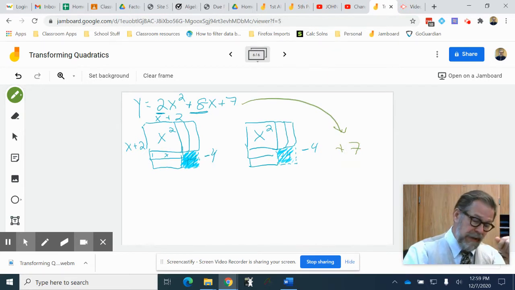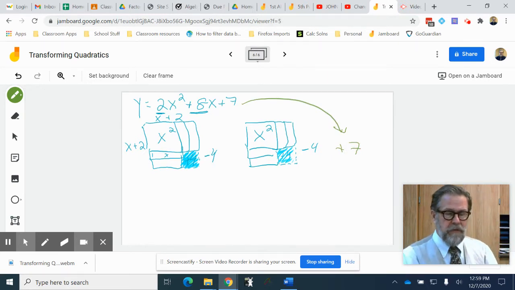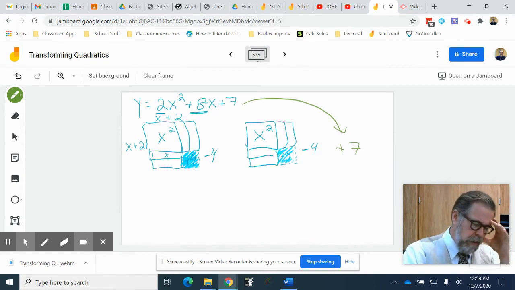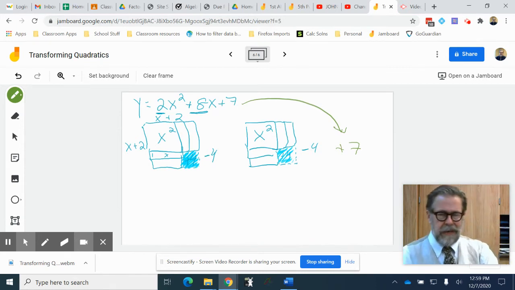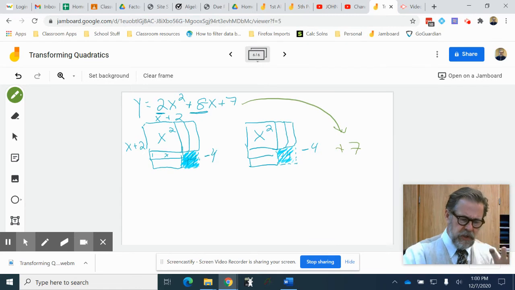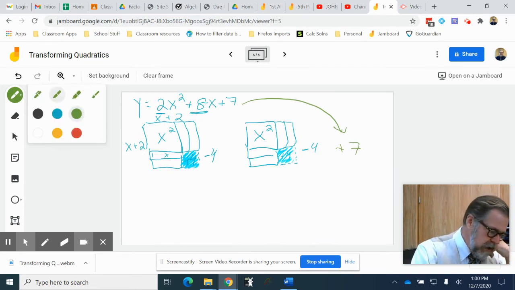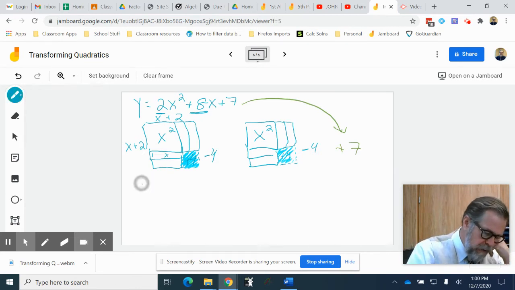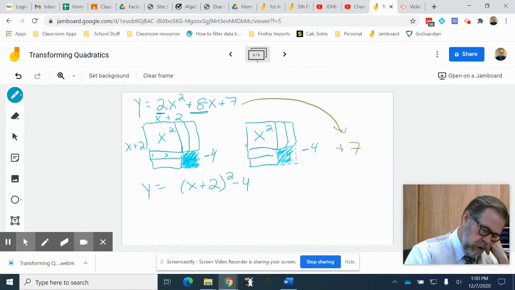There are other strategies where you use the 7 to try to fill in. You recognize that, well, I could have put 4 of those here and 3 of those there. And then I find it a whole lot easier to just ignore the 7 until the end. So what have I got? I've got y equals, well, this is (x plus 2) squared minus 4. And over here, I've got another (x plus 2) squared minus 4. In other words, I got 2 of those.